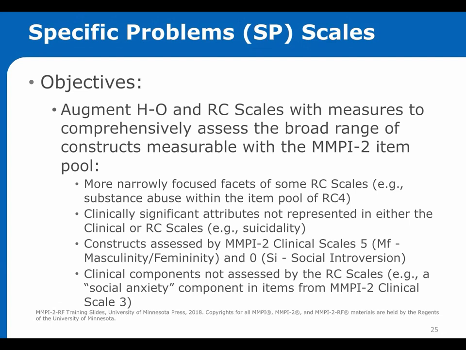Naivete ultimately was what ended up being measured by RC3, cynicism. If you just reverse naivete, it's equivalent to cynicism. But social anxiety, that component, is also of interest for measurement. And so the shyness specific problem scale was created to assess social anxiety.